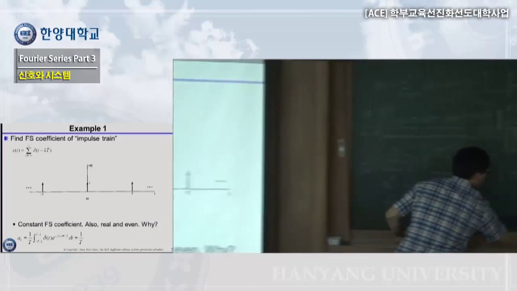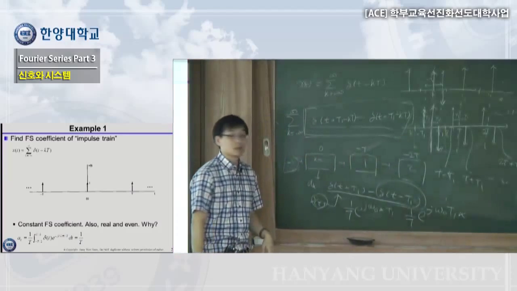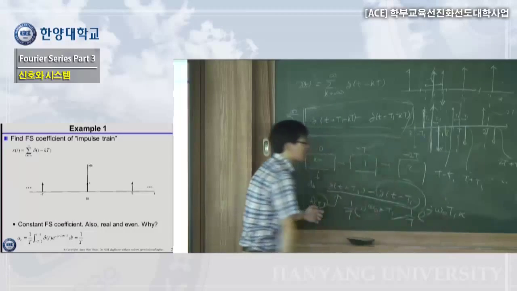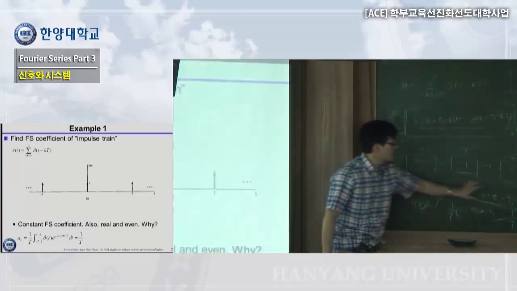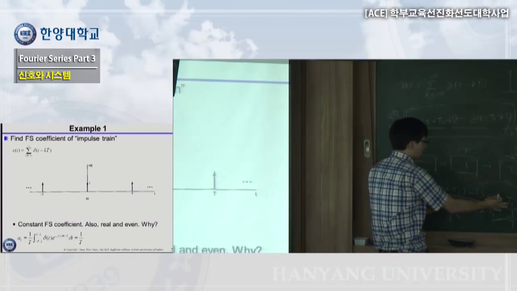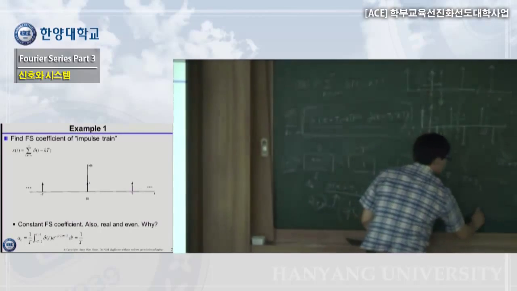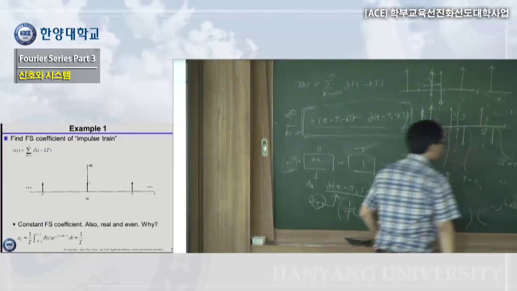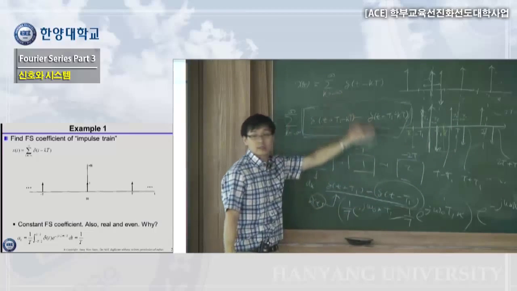I'm sorry, I left out k. And then this is plus, this is minus, so put a minus between them. This is the Fourier series coefficient of this. If you add this one, shifted by e to the minus j omega 0 k m T, if you add all of it, that's the solution of this.